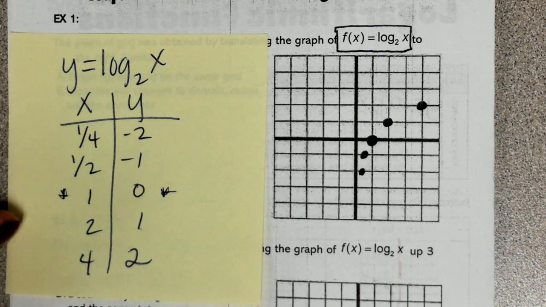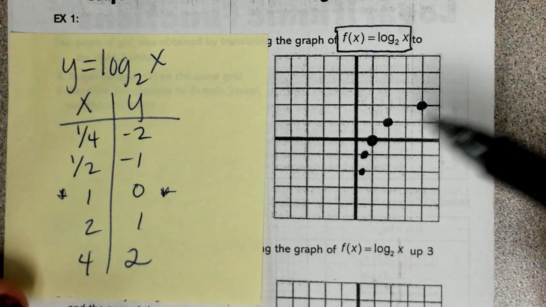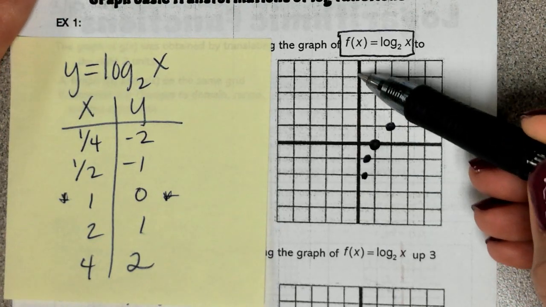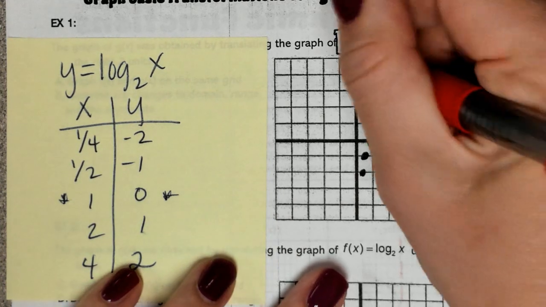And that gives us enough to understand what's going on, right? As we move to the right, it's going to increase, and as it moves to the left, it's going to go down and approach our y-axis, but it's never going to touch it.